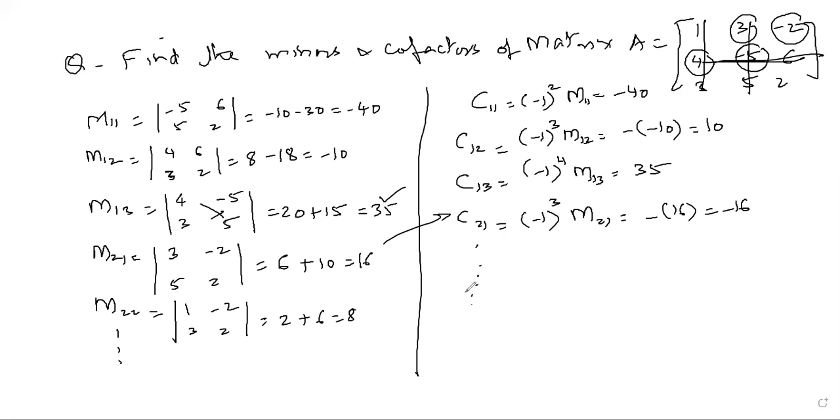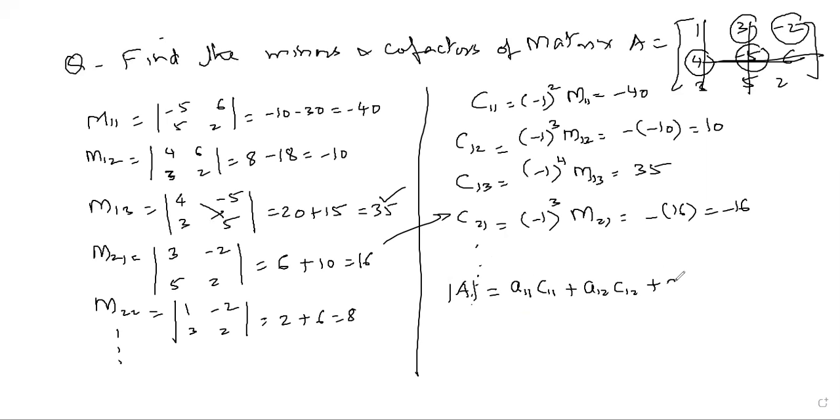Any determinant can be written as the sum of its elements multiplied by their cofactors: A11 C11 plus A12 C12 plus A13 C13. This is the property you'll study.